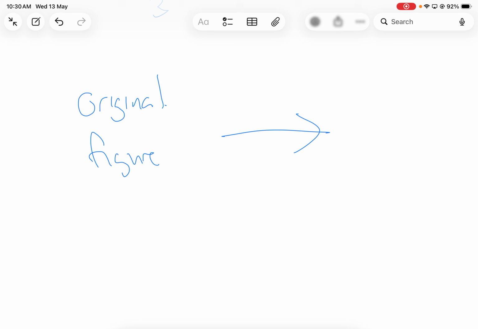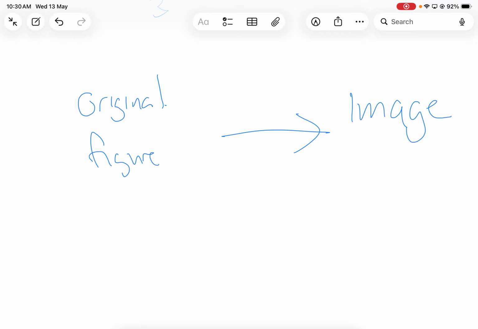Then, one word that we have to get used to is, we have an original figure, and then the original figure either becomes bigger or becomes smaller, we call it the image. Okay? This name is important.